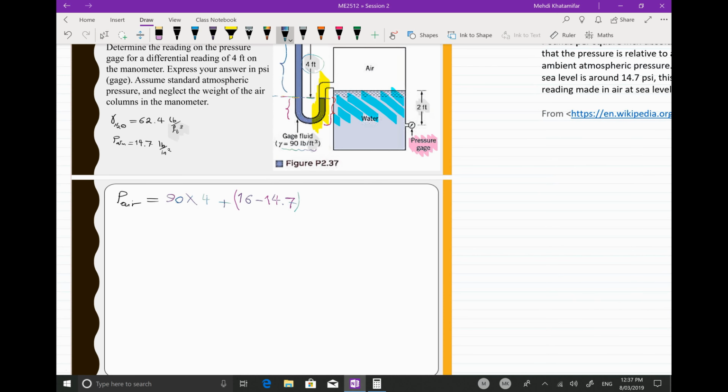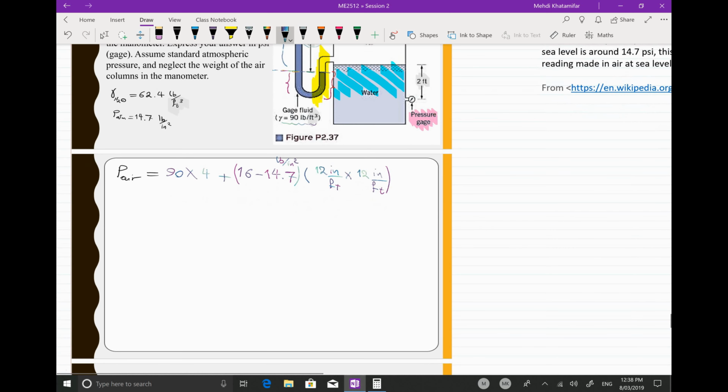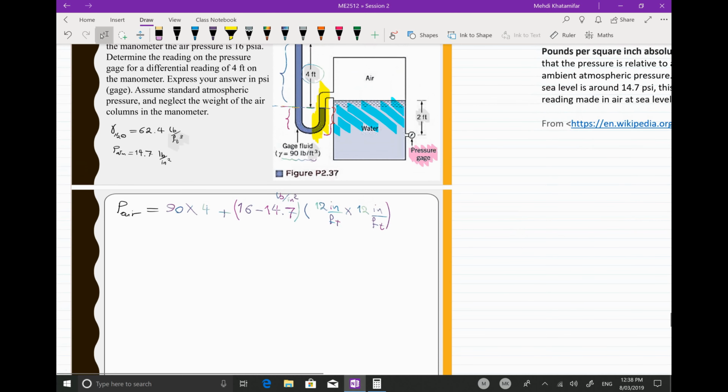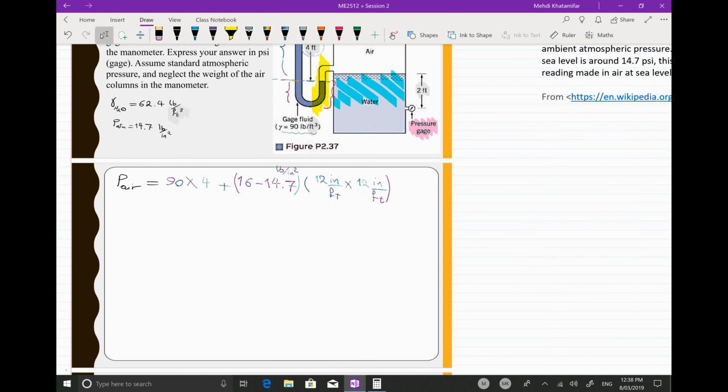Okay, let me see how I can convert to feet. I know every 12 inch is 1 feet, and this one is pound per inch square, so I need 2 of these: 12 inch per feet. Done. So air pressure is going to be this part. What about water pressure?